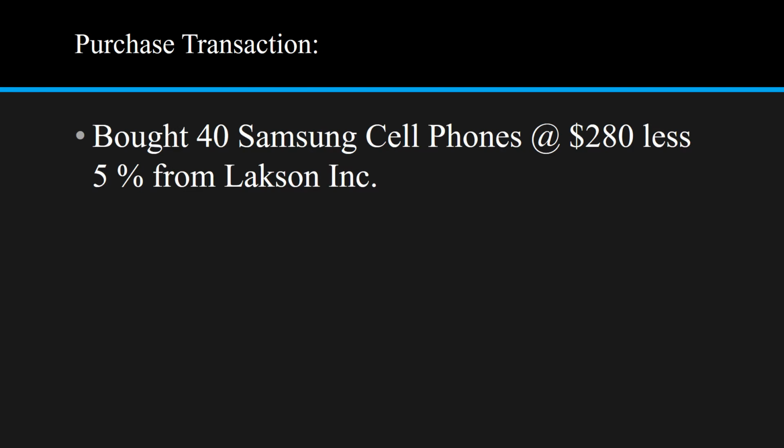So this 5% is the trade discount that was given at the time these 40 cell phones were purchased, and the purchase was from Lexan Incorporated. So Lexan Incorporated in this case is the name of the vendor from whom the purchase was made.